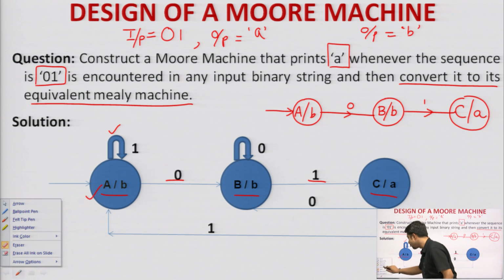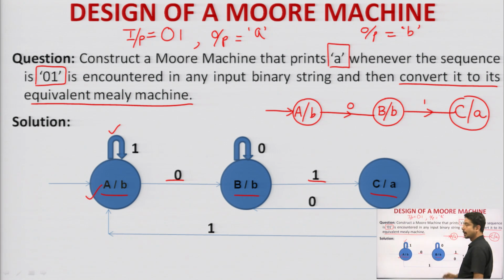Now, I have to concentrate on the loop part. Can I take a self loop, or can I take a backtrack? I can take a backtrack also, okay. But if I take a backtrack, it will not hamper anything, but let me take a loop. If I take a loop, then in 0 0 0 0 0 0 1, there will be 0 1 together, after that it will print A.